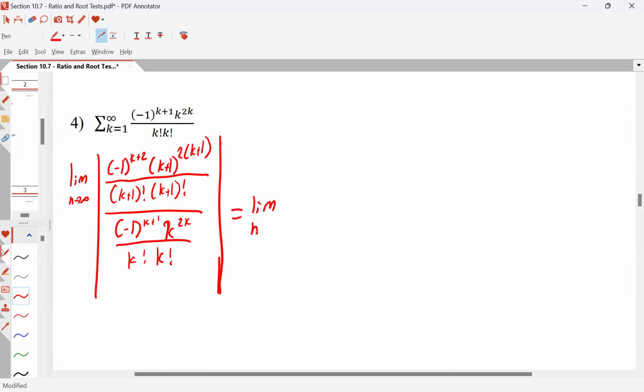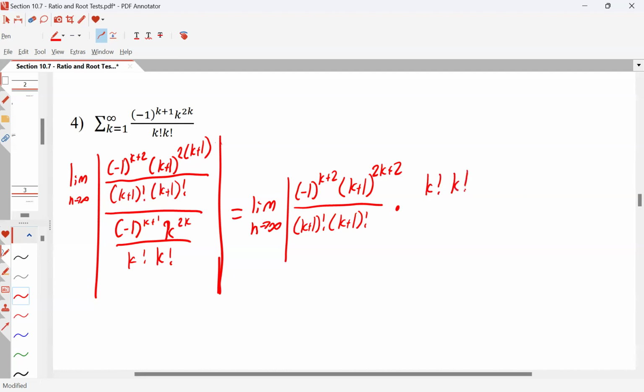Keep, change, flip. This limit is equal to -1 to the k plus 2, k plus 1 to the 2k plus 2 by distributing this 2, over k plus 1 factorial, k plus 1 factorial, times k factorial over -1 to the k plus 1, k to the 2k.